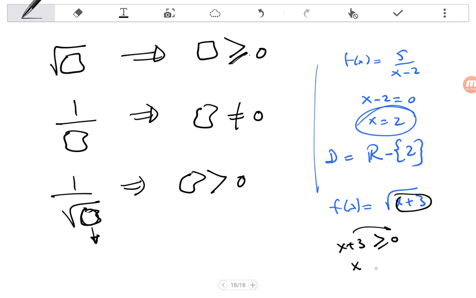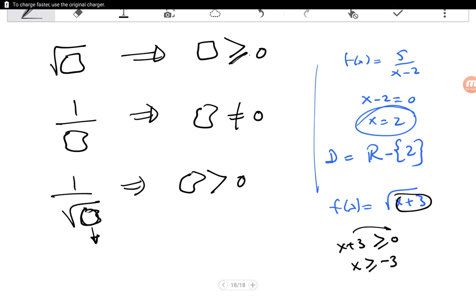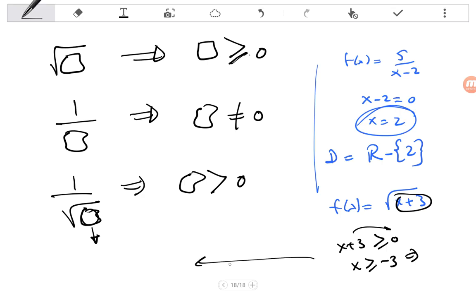I put it on the other side, that will be x greater than or equal to -3. This is expressed on the number line from -3, and it is closed, and we have all this interval, which is the interval from -3 closed to infinity. So that is the domain of this function.